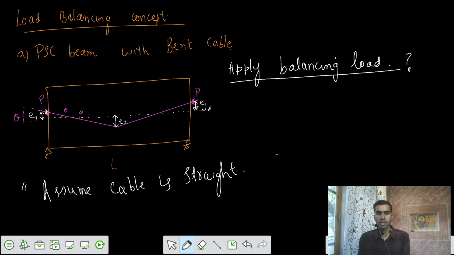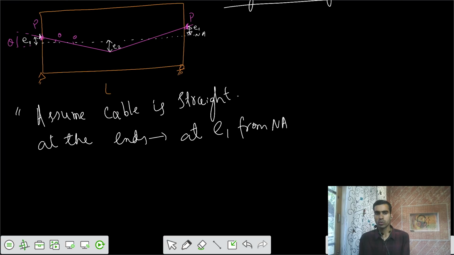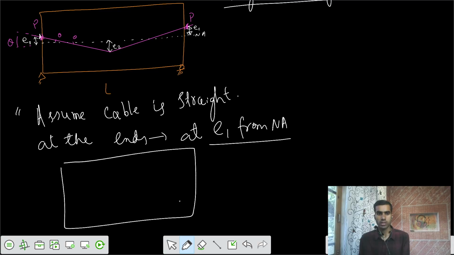So at the ends, your cable is at E1 from the neutral axis.